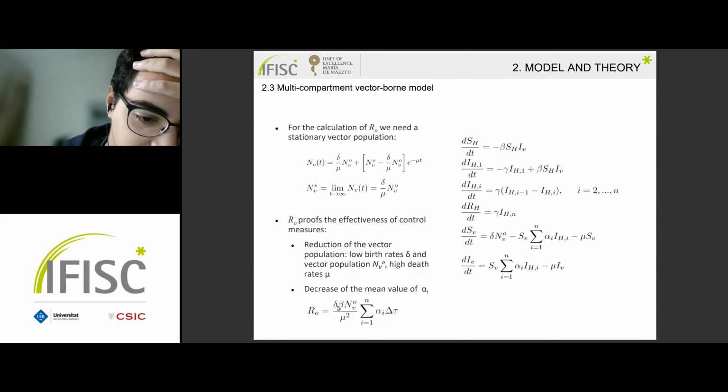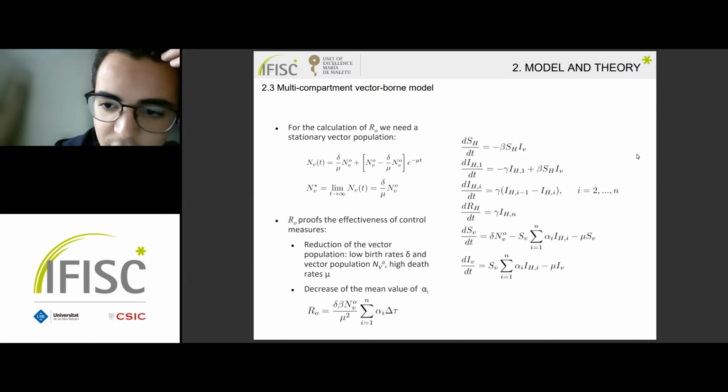So we need to have low birth rates, high death rates, and a low vector population at the beginning. Another way to decrease the reproduction number is by acting through these alphas, these infection rates. I know that there are no vaccines for trees and plants, but in the case of hosts, this sum here can be reduced by the administration of vaccines, medicine, and so on.